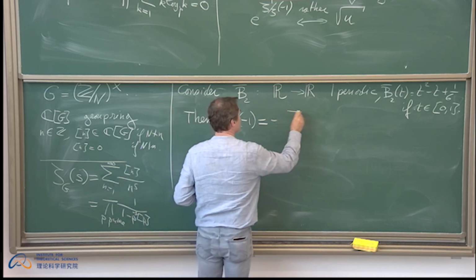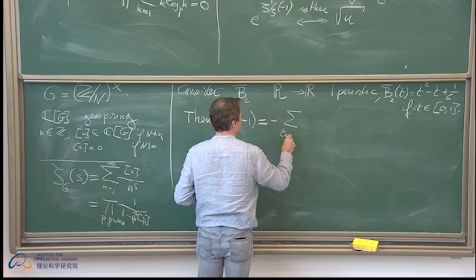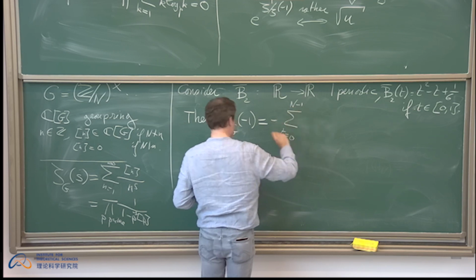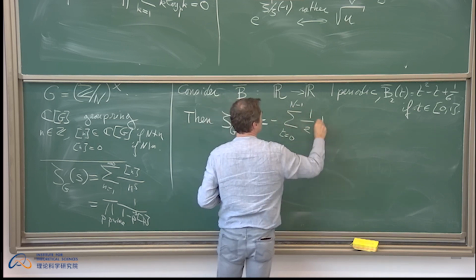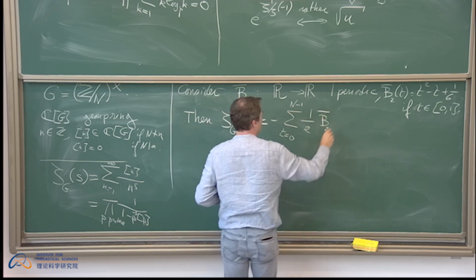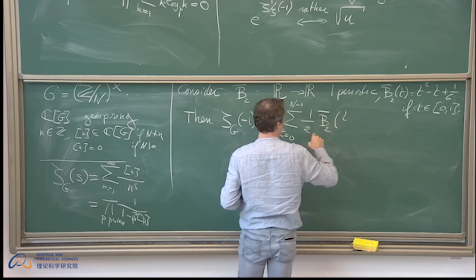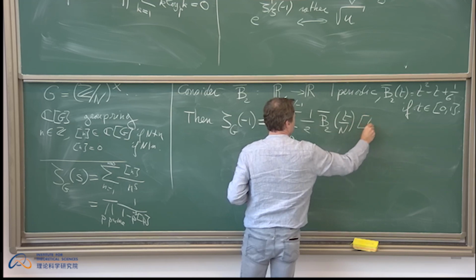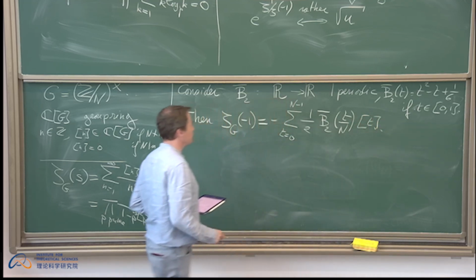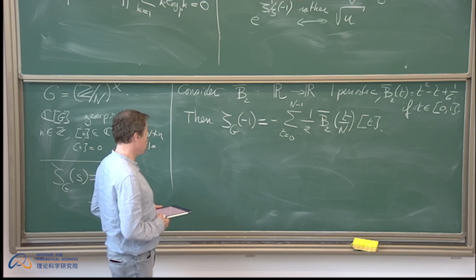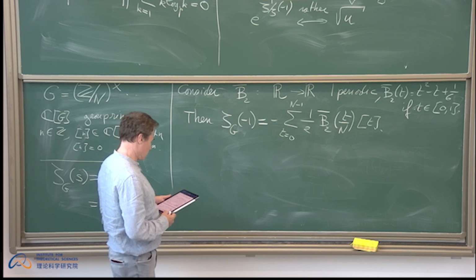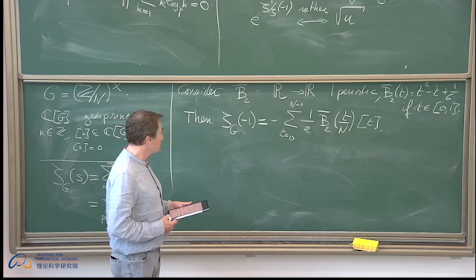Minus the sum, t equals 0 to n minus 1, 1/2 P2 bar of t over n bracket t. No, that's correct.